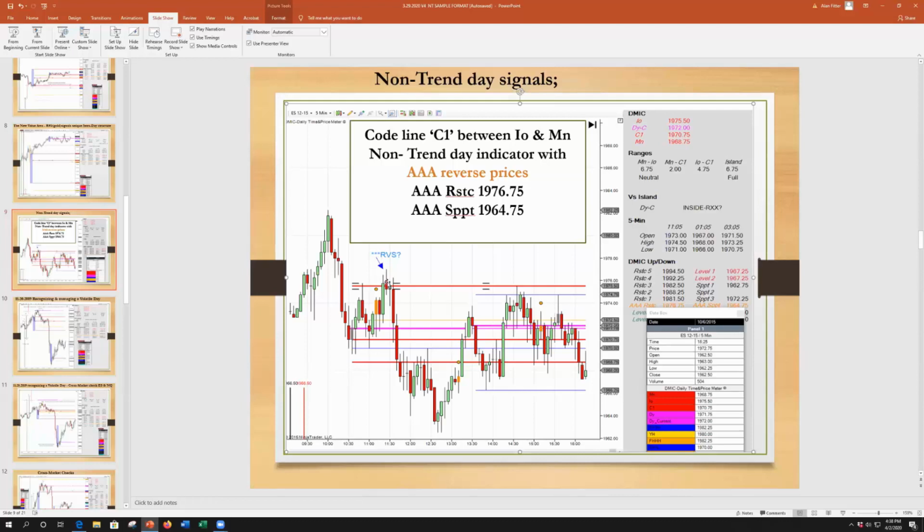It went just above it. Having received that reverse signal, the market reversed 12 S&P points in about 35 minutes to the AAA support price at 1964. You can see how quickly we got the AAA resistance and how it reversed down to the AAA support to carry out the indicator's intentions.